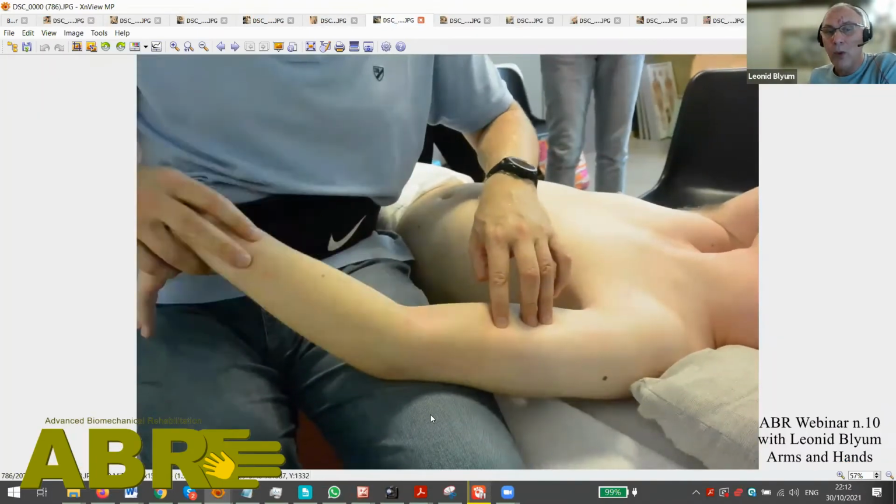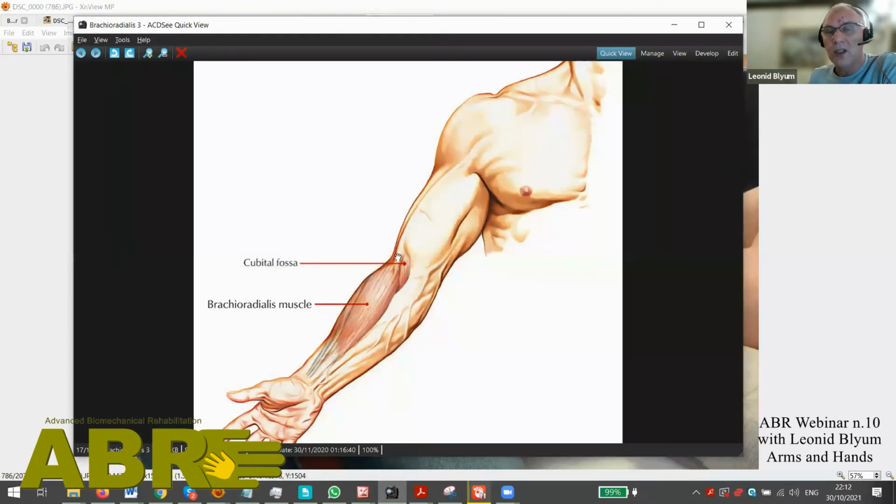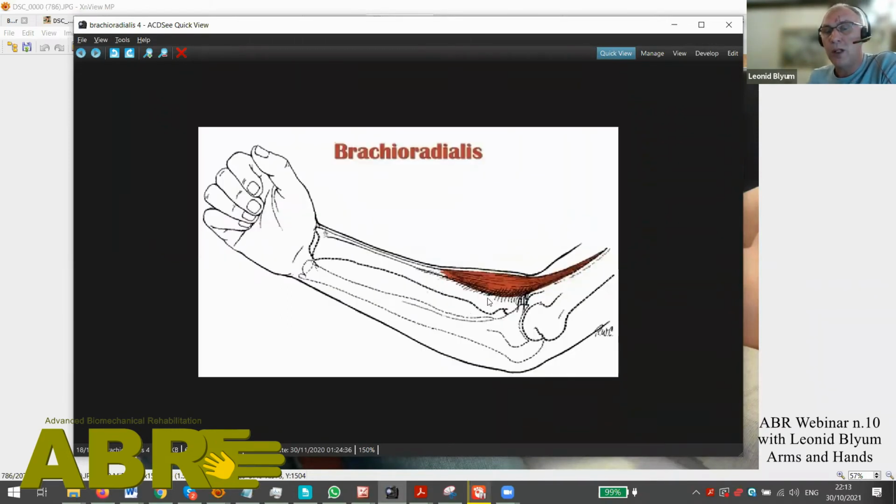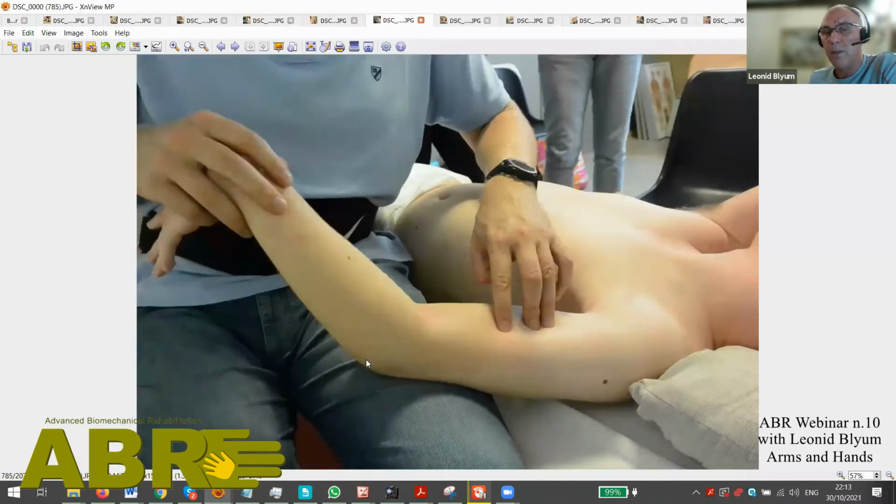See, if I were to look at it from a standard perspective, I would say, oh, this is the shortening of the brachioradialis muscle. That would be this kind of classic picture here. See, brachioradialis bridges over, so if it bridges over like this, then you can't extend the arm.